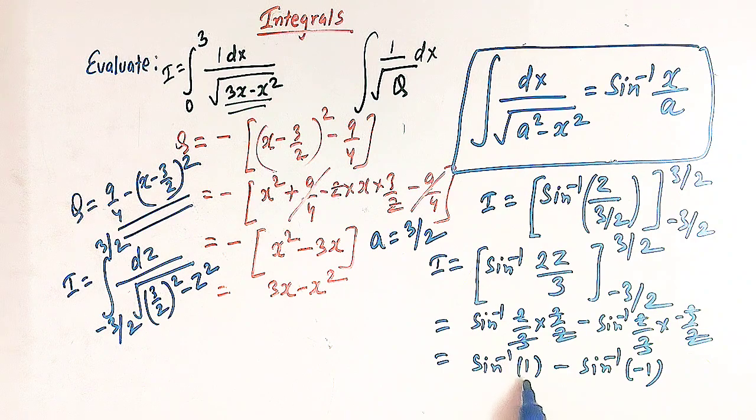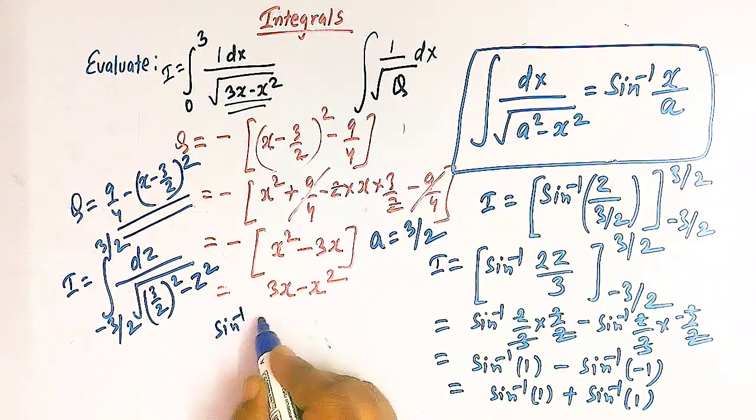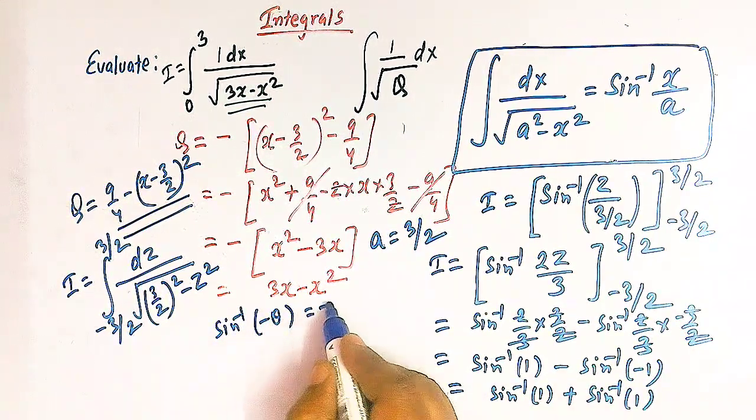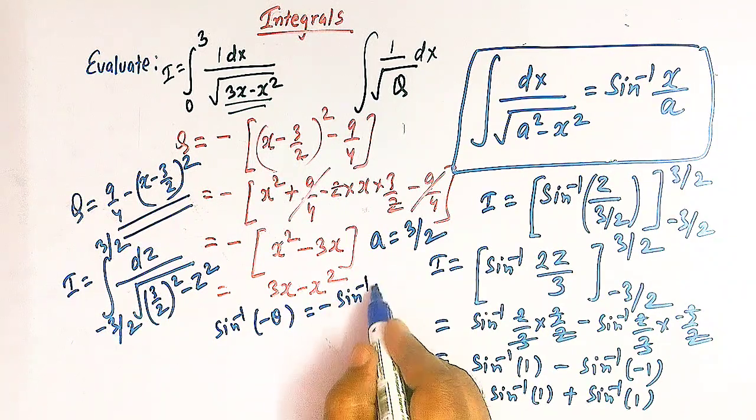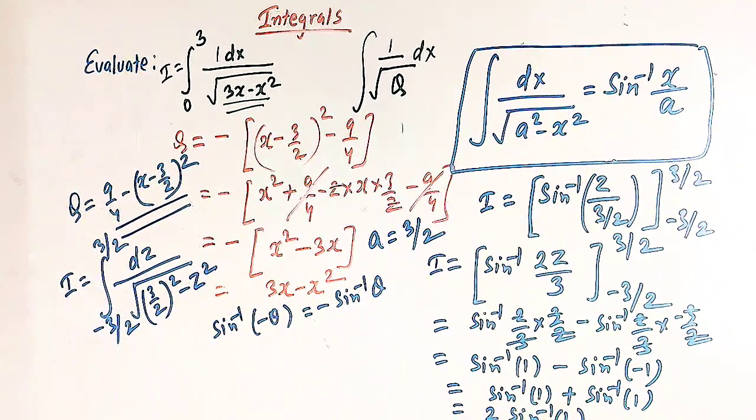So we have sine inverse 1 minus sine inverse minus 1, and this is sine inverse 1 plus sine inverse 1, because we know that sine inverse of minus theta is equal to minus sine inverse theta. So this negative can be taken out, and here minus and minus becomes plus. So we have now 2 times sine inverse 1.